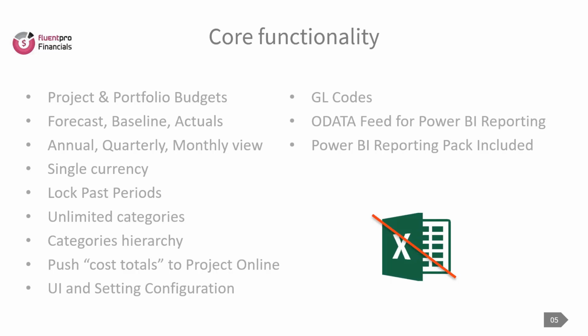For example, if it's the end of October and I lock all the financial information on the 5th of November, no one can change any budget information or forecast for October, September, and all the previous months. It's all based on financial categories, so you can categorize your costs and track them.